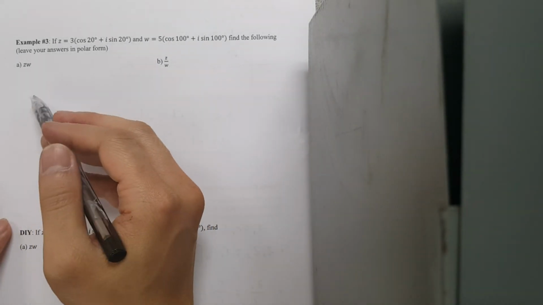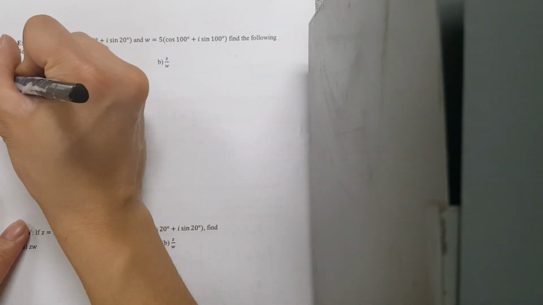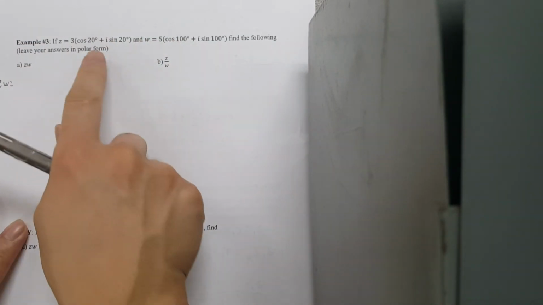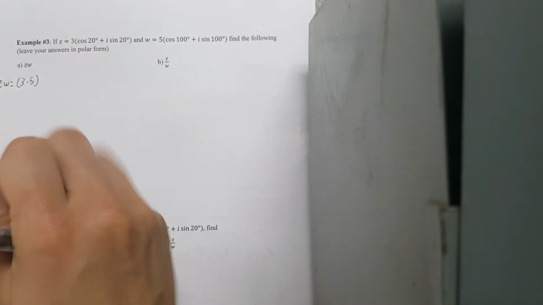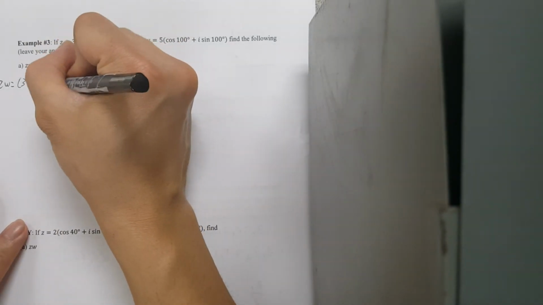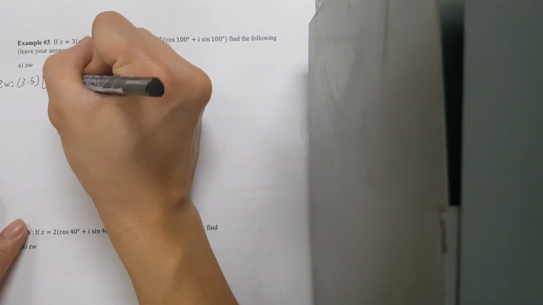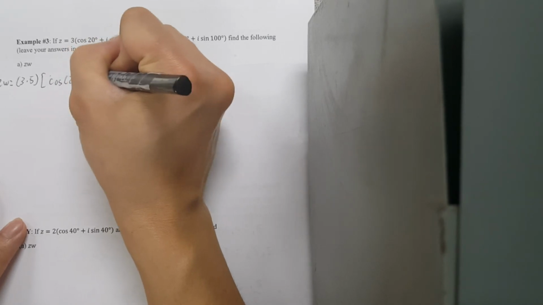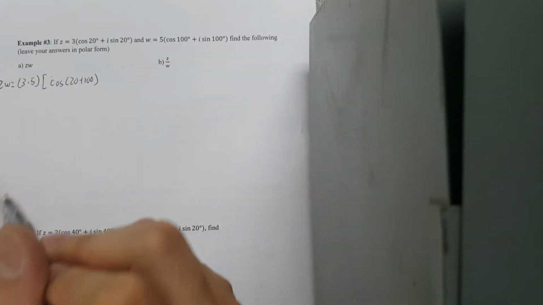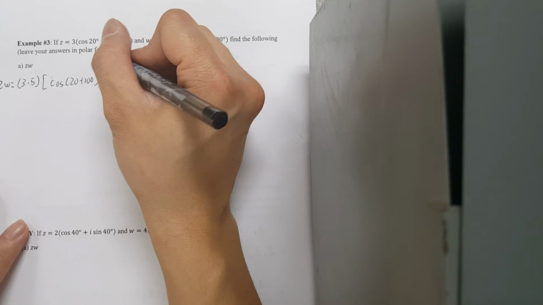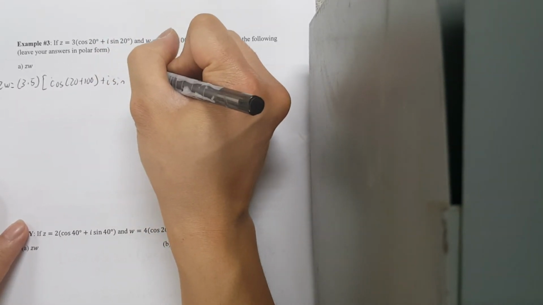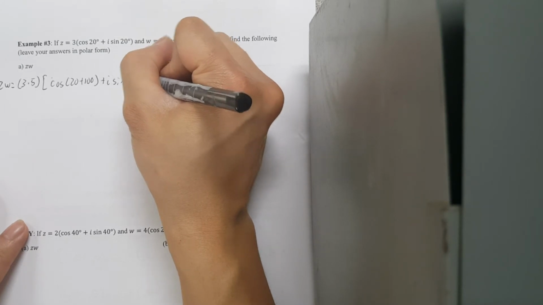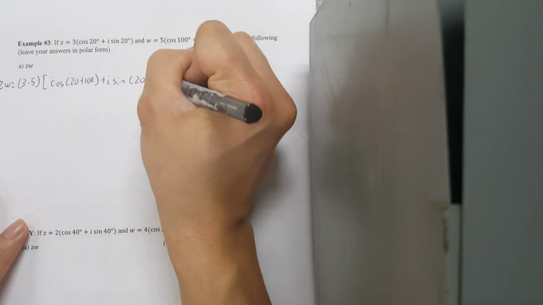If I do letter A and I multiply them, z times w is really just 3 times 5, and then it is the cosine of 20 plus 100 plus I sine of 20 plus 100.